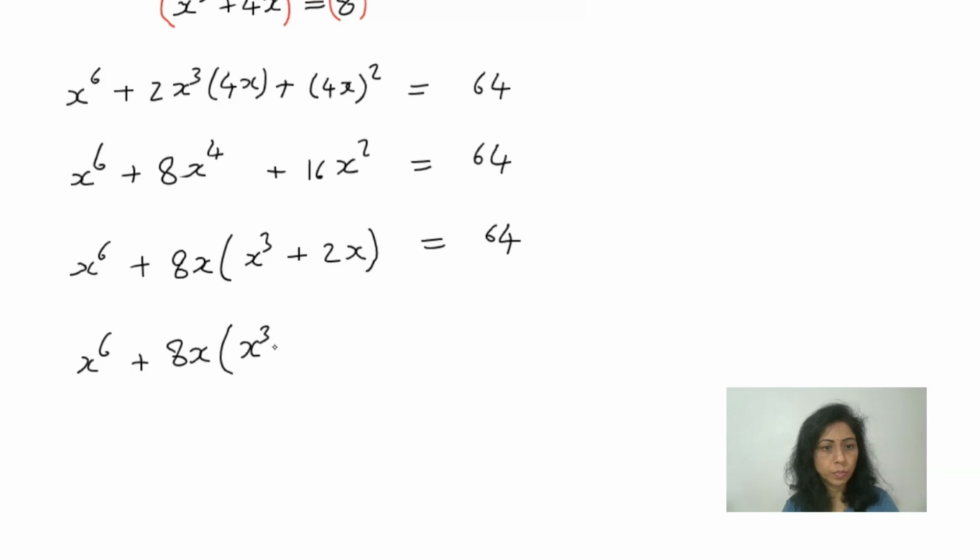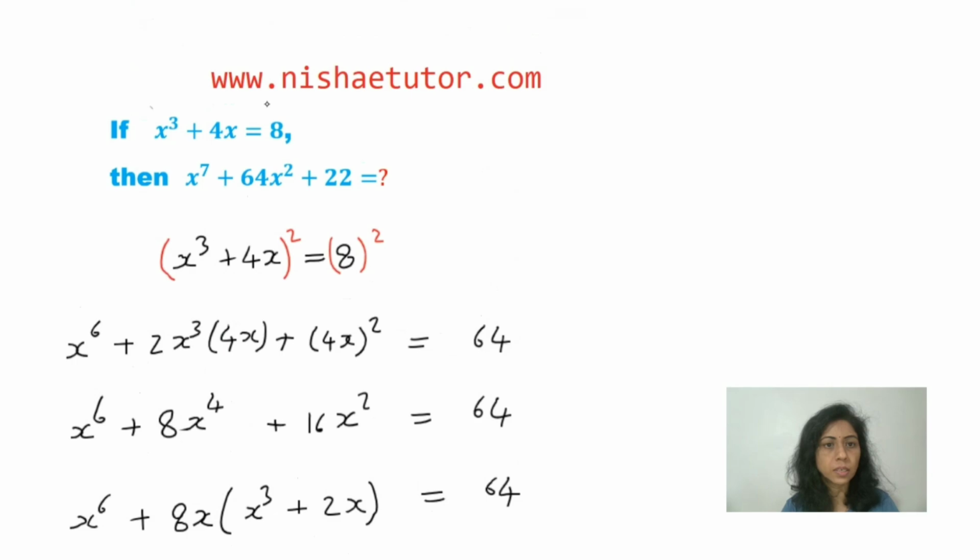x cube plus 4x minus 2x. This is 64. So x to the power 6 plus 8x times this value, which is given: x cube plus 4x is 8.